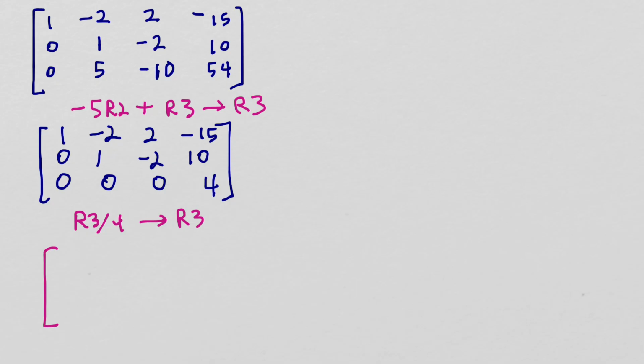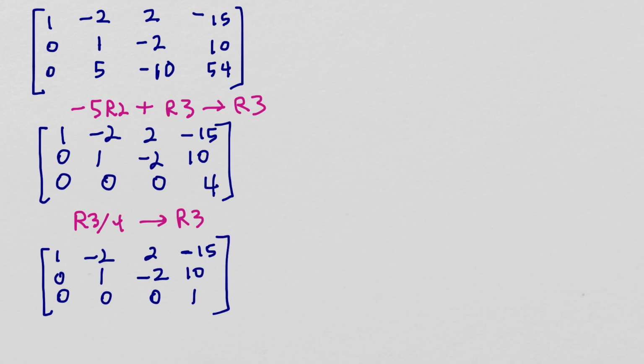So that'll just be 0, 0, 0, 1. Put the other two back on, and then I have that. So let's examine what we have now. This column looks complete here.